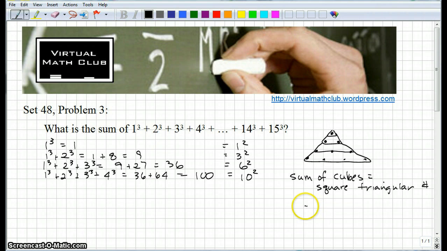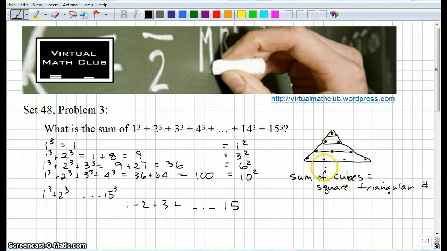So, what would be the 15th triangular number? In order to get 1 cubed plus 2 cubed all the way up to 15 cubed, we'd have to figure out what the 15th triangular number is. If we follow this pattern, it's just 1 plus 2 plus 3 plus all the way up to 15, right?